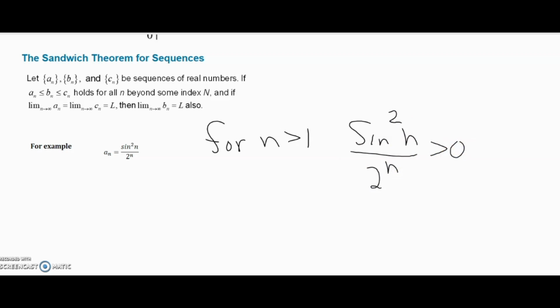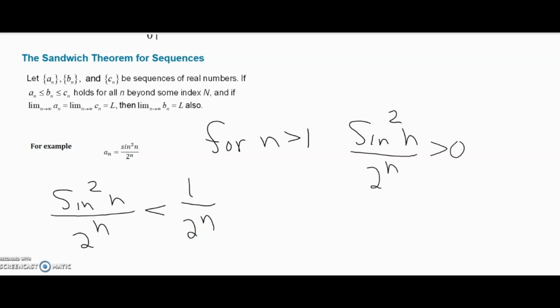All these are positive numbers. The other thing that we can conjecture is that sine square of n divided by 2 to the n must be less than something. We need to find something in between, and so I'm going to conjecture that it's less than 1 divided by 2 to the n.